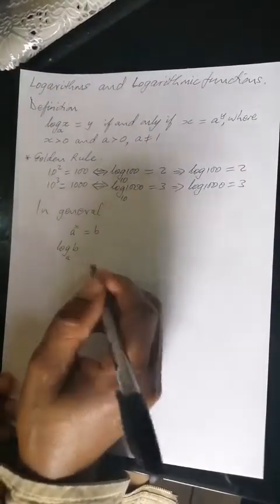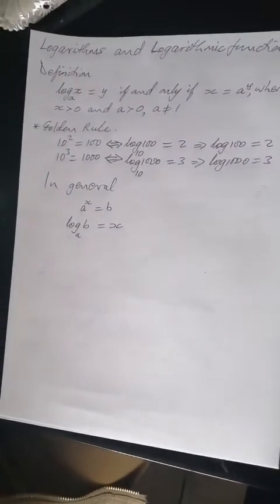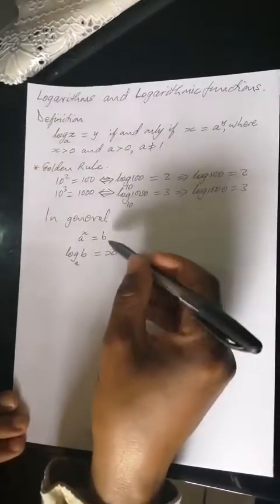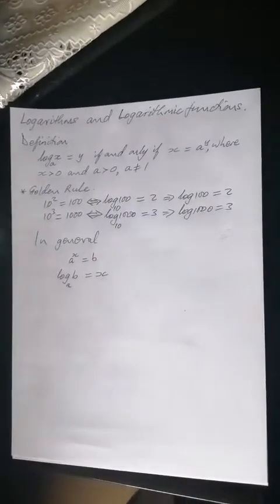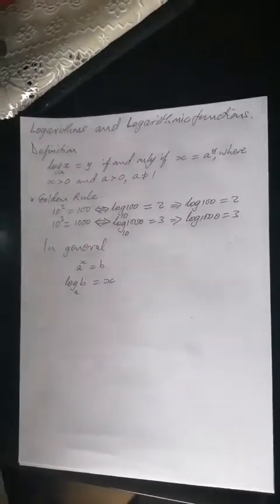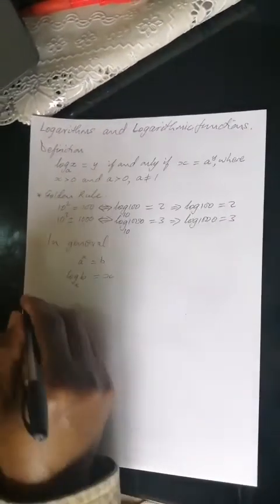It's a. The answer is always x. So it means you can move from here to there or from there to there. Very, very important. So let us now look at what we call logarithmic rules or laws.